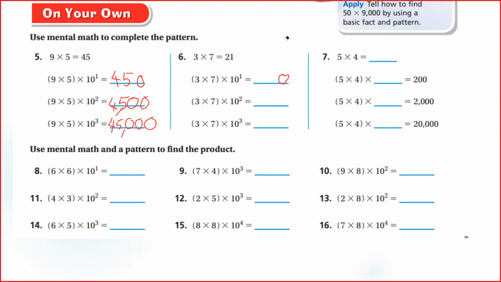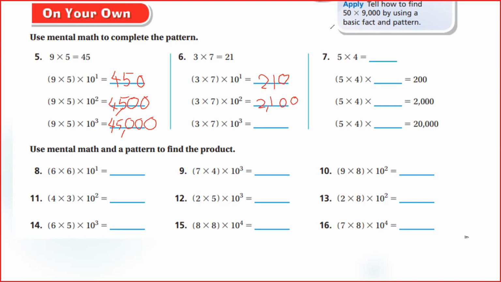Now, the second one here. We have 3 times 7 times 10 to the power of 2. Yes, Matab. 10 to the power of 2 means how many zeros I have to add? 2 zeros. Then 3 times 7, 21.